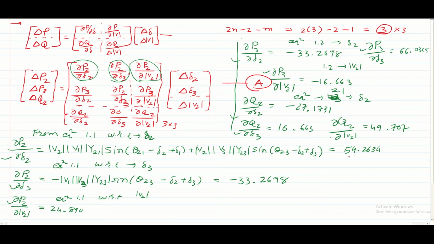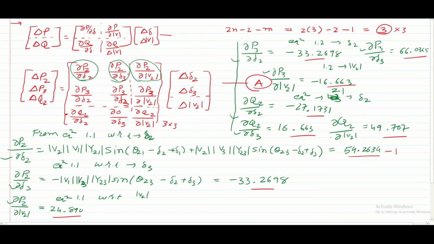Just highlight with different color. As we have 3 cross 3 matrix, so total 9 elements are there. So 1 2 3, then 4 5 6 7 8 and 9.